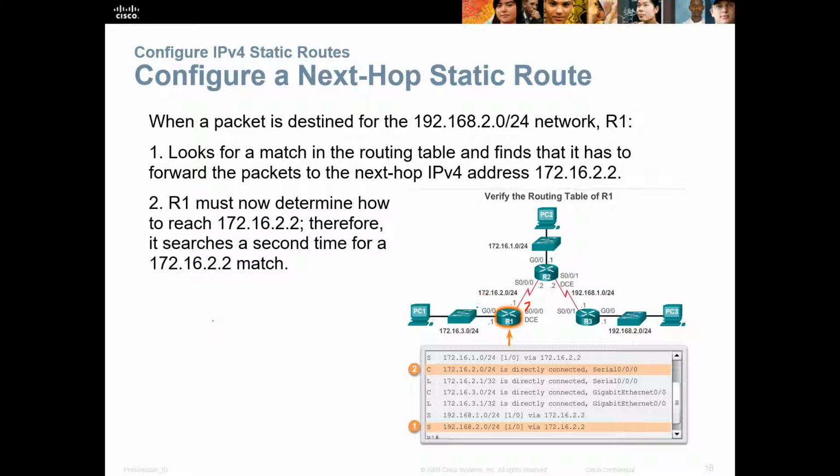On R2, you would just need those 2 routes. You tell router 2: ip route 172.16.3.0 255.255.255.0, send out that interface. And anything for 192.168.2.0 255.255.255.0, send out that interface.